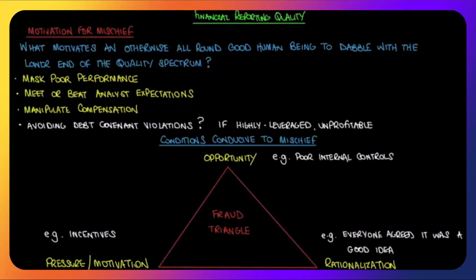Nothing too stunning here. To mask poor performance, makes sense. Results aren't what were expected. To meet or beat analyst expectations. Now, this is often discussed in public versus private companies and your decision as an investor. Obviously, if you invest in a private company, much less disclosure, much less transparency, probably less corporate governance, less regulation.